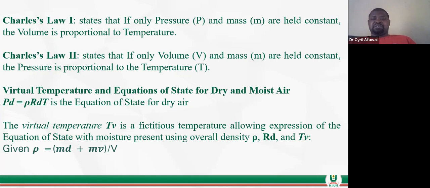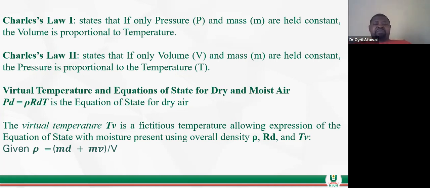The second Charles' law states that if only volume V and mass M are kept constant, the pressure is proportional to the temperature. All right, I hope we are making progress.